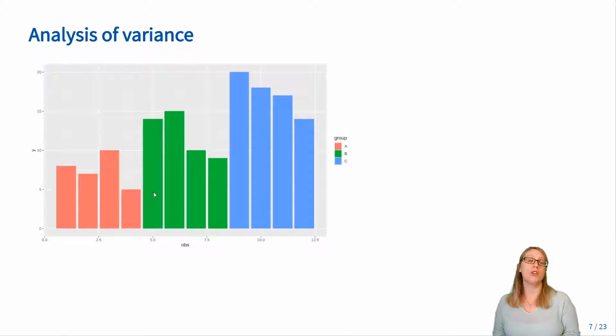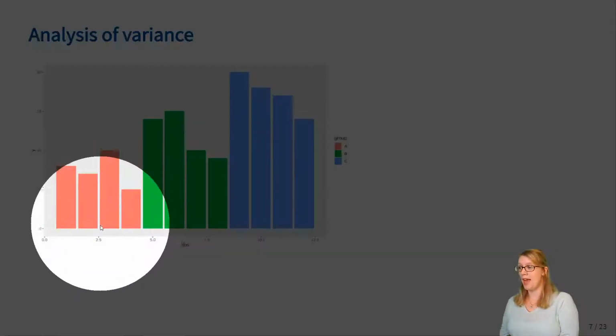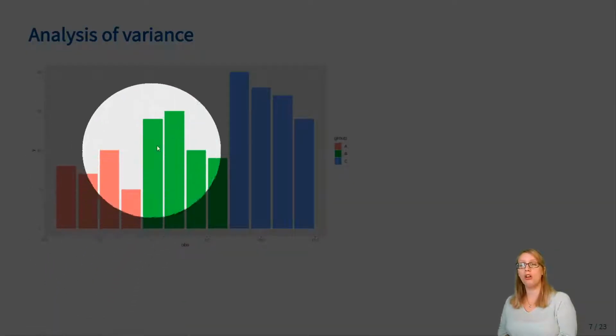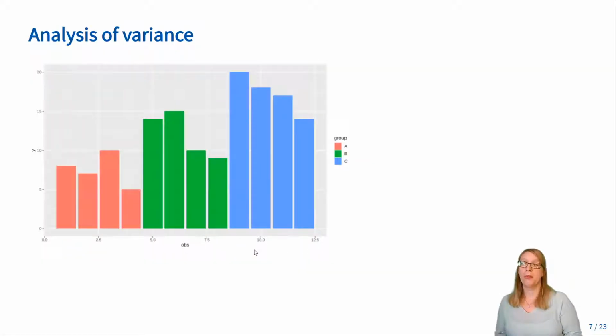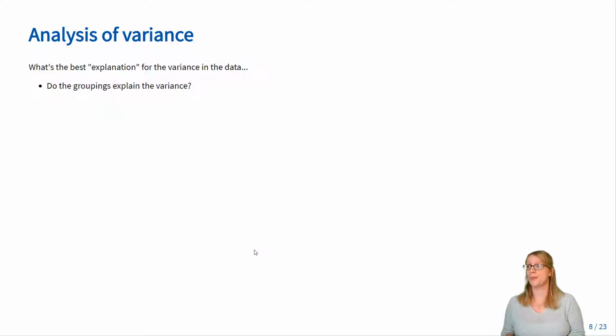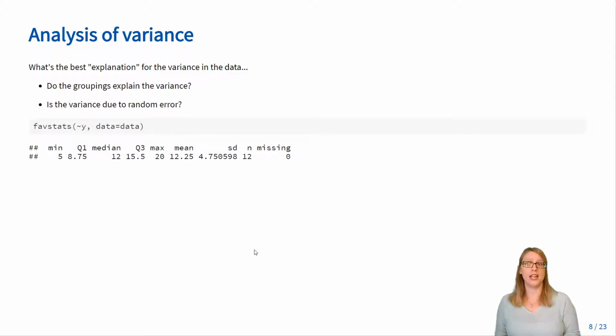The shading represents the different groups. We've got group A in a pinkish coral, group B in green, group C in blue. It looks like overall group A tends to have the lowest values of y, and group C tends to have the highest values of y. How can we explain this? Is there really something to these groups being different? Do the groups explain the variation? Or is this just due to random chance?